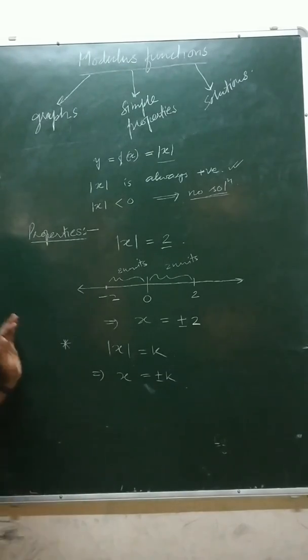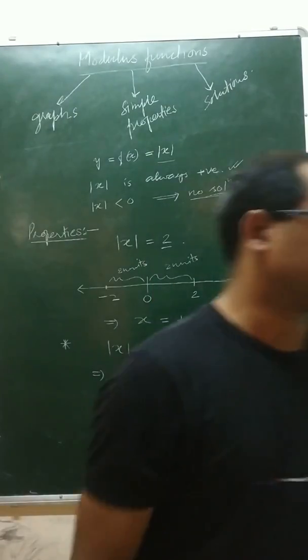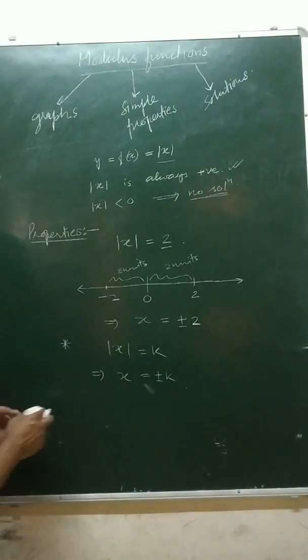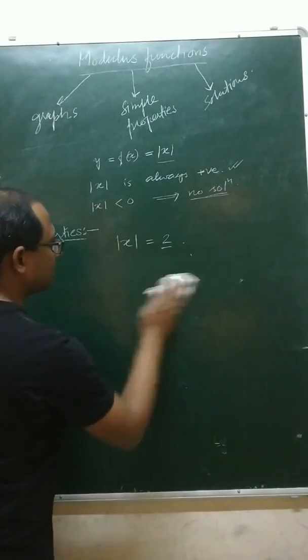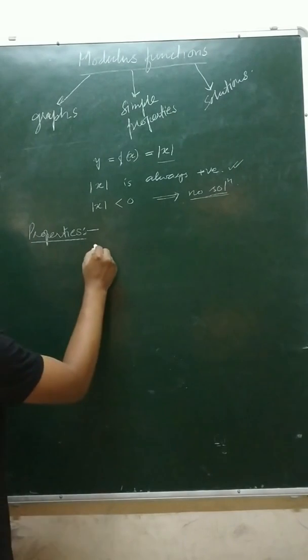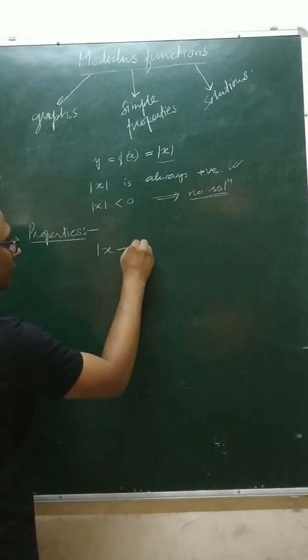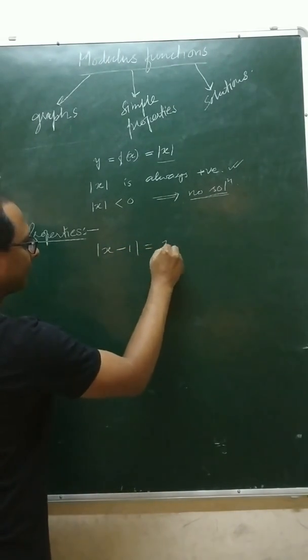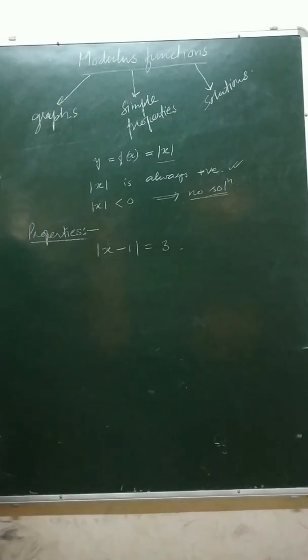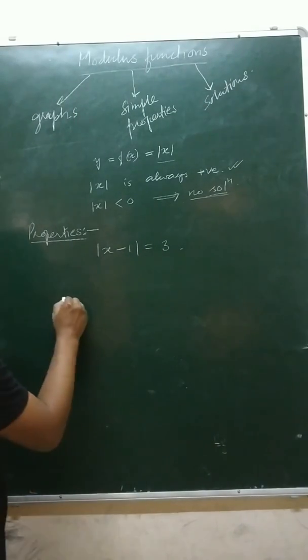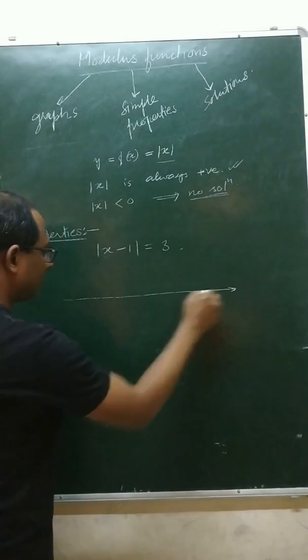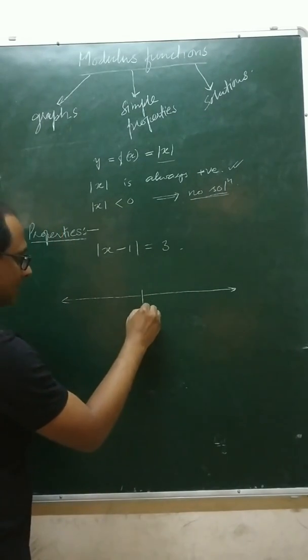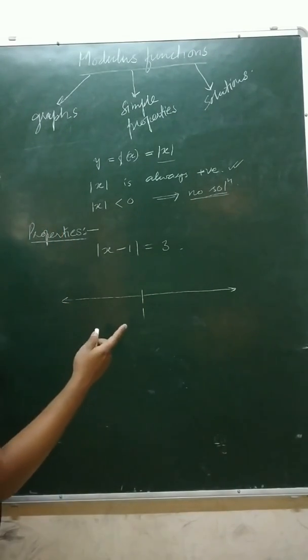Okay. The next property is related to this only. Suppose it is given like this: modulus of x minus 1 is equal to 3. To solve this, what does this mean? It is the distance of the points.